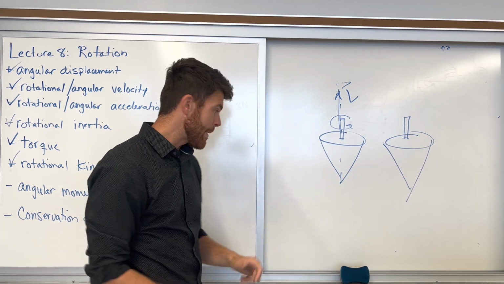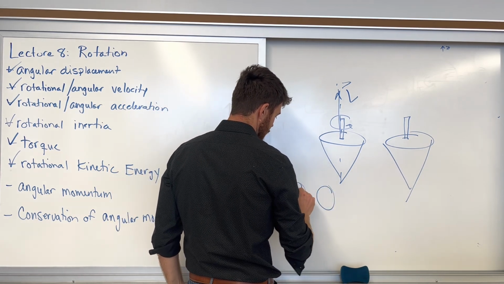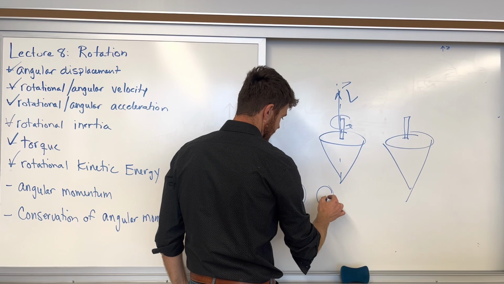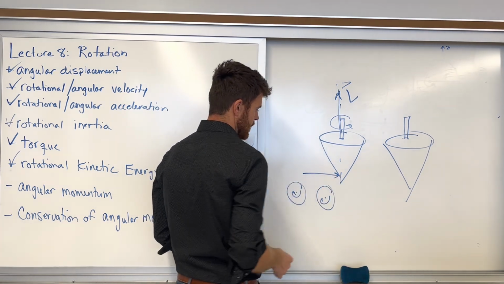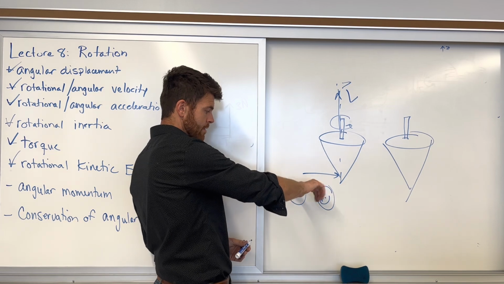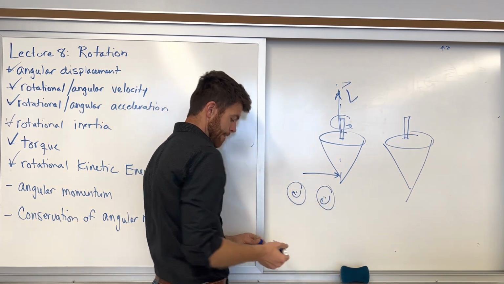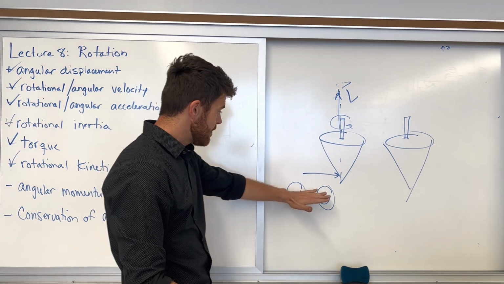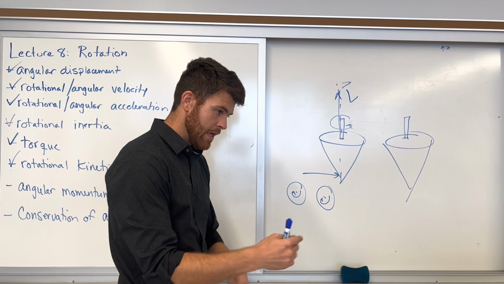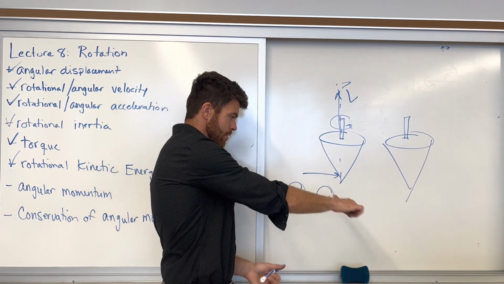Same concept on a bicycle, right? On a bicycle, the wheels rotate this way as you move forward. So they have an angular momentum that points, in this case, into the board in that direction. And because that angular momentum wants to be conserved, if the wheel were to topple over, then the direction of L would have to change.